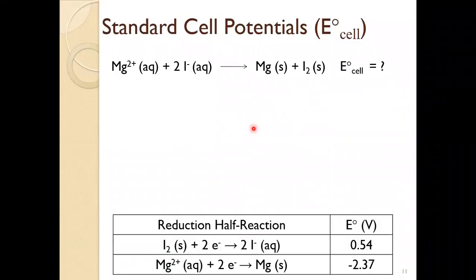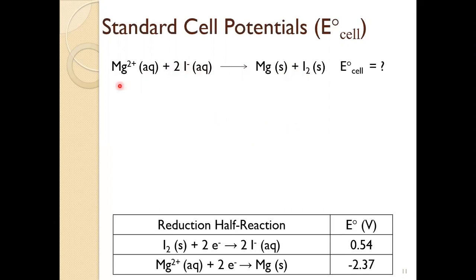For our last example, look at this one where magnesium 2+ reacts with iodide ions to produce elemental magnesium and elemental iodine. Remember the equation is E cell equals E cathode minus E anode. All we have to do is recognize what is the cathode and what is the anode. The cathode is always where the reduction is occurring. The anode is always where the oxidation is occurring.